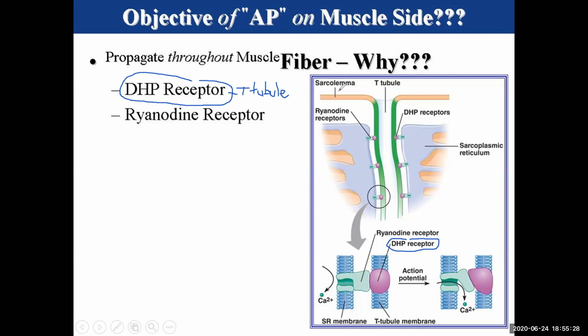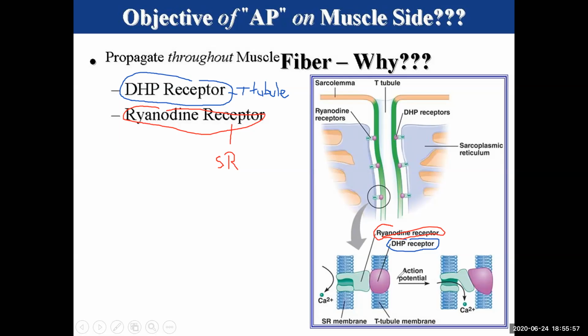The other transmembrane protein, the ryanodine receptor, which is on the membrane of the SR, the sarcoplasmic reticulum. And the two transmembrane proteins physically come into contact with one another.